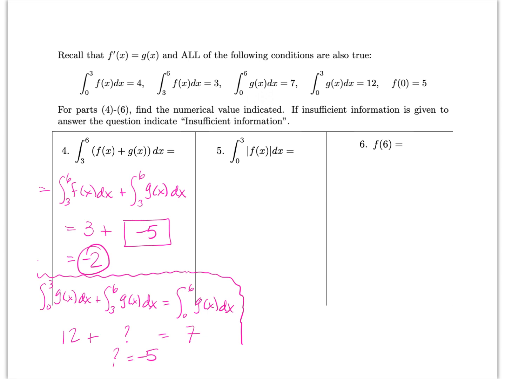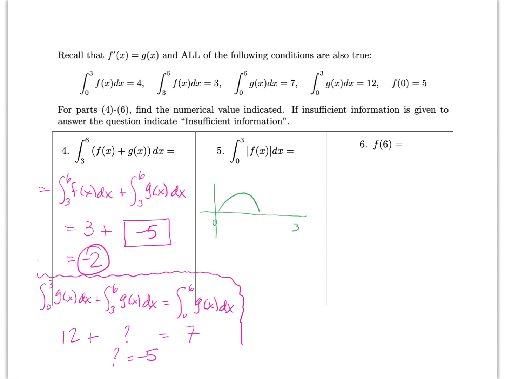For number 5, I want the integral from 0 to 3 of the absolute value of f of x dx. I do not have enough information to do this, because f could have some parts that are positive and some parts that are negative on the integral from 0 to 3. I have no idea what f looks like. So here's 0, here's 3.